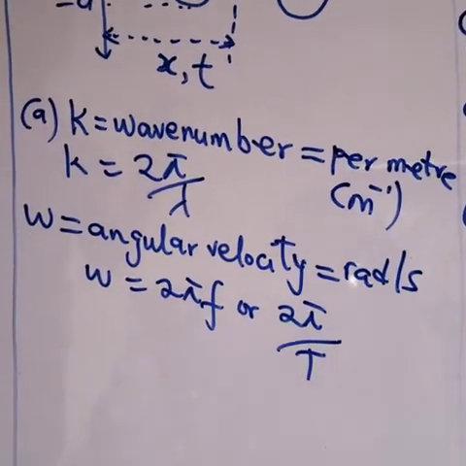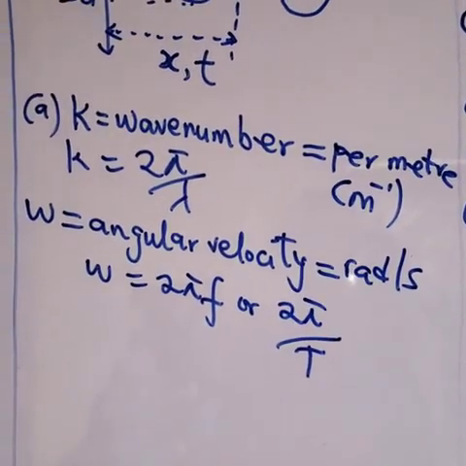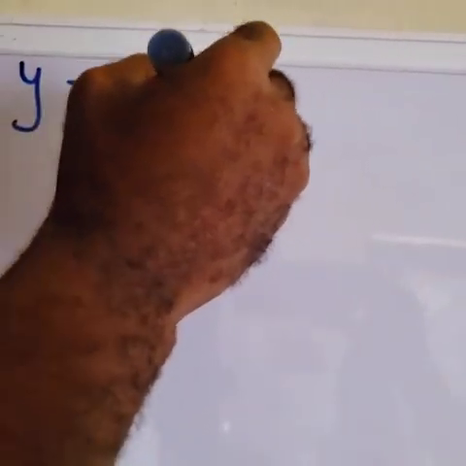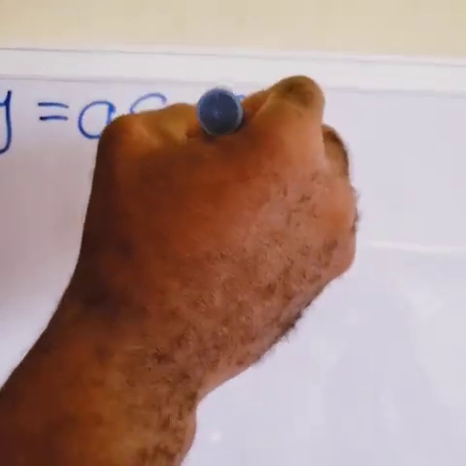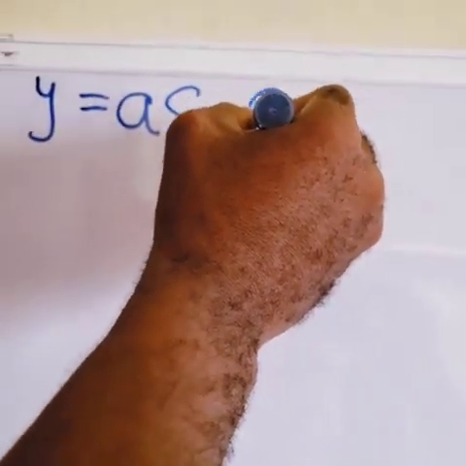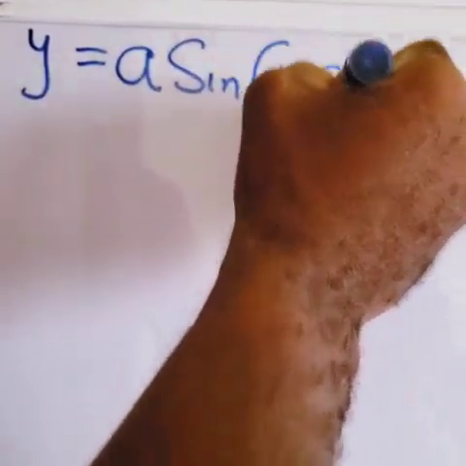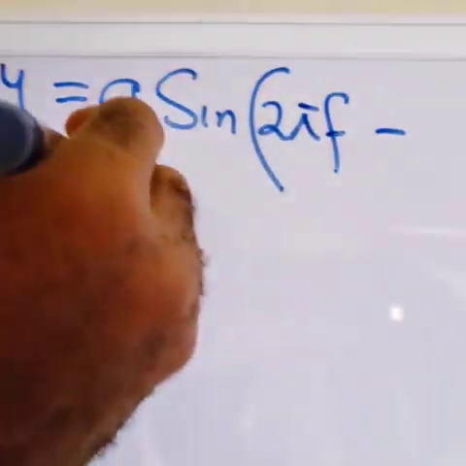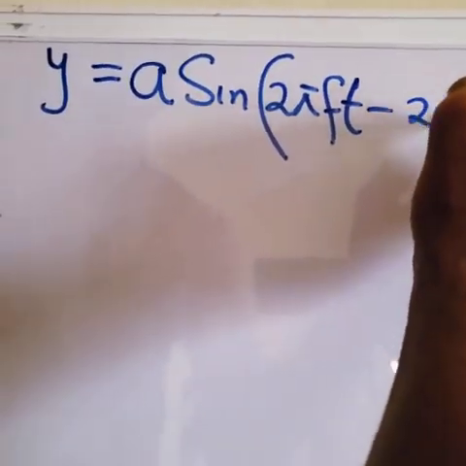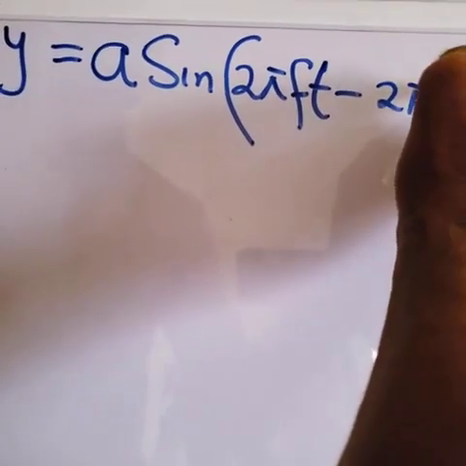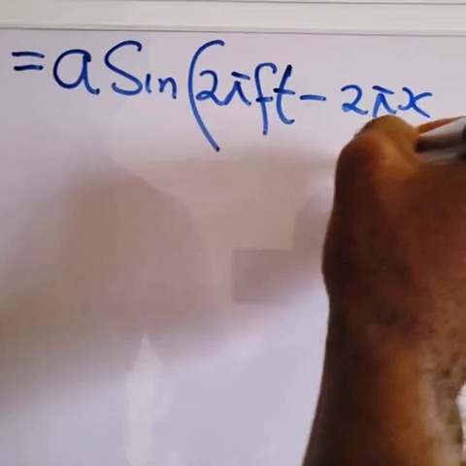Now, to understand more what happened, you need to remember the progressive wave equation generally is given as this: a sine of 2 pi f t minus 2 pi x over lambda.